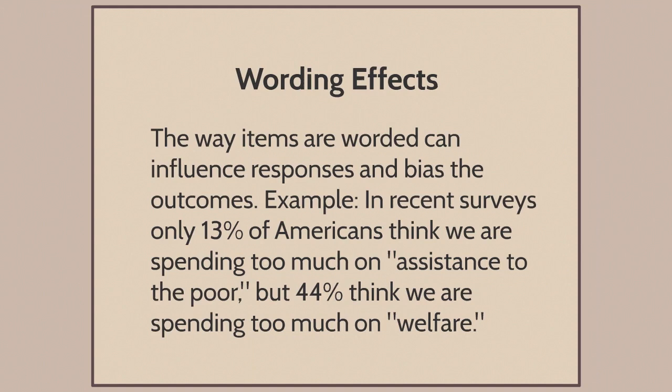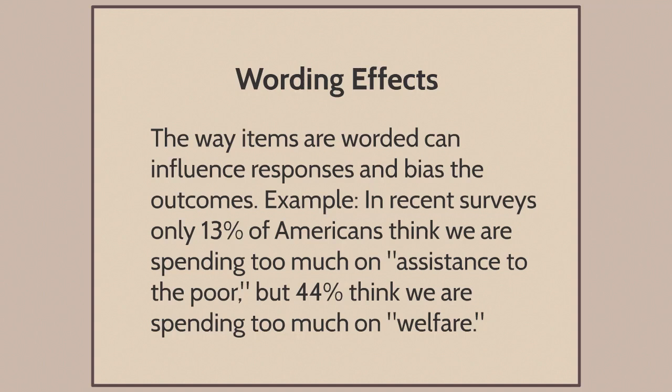Wording effects can influence how individuals respond and therefore bias a study. Consider these examples. In recent surveys, only 13% of Americans think that we are spending too much on, quote, assistance to the poor, but 44% think we are spending too much on welfare. You see what happens here? The effect of the wording, the use of the term welfare, that's considered negative by some people who don't think about what that term actually means, that it means that individuals are being helped.